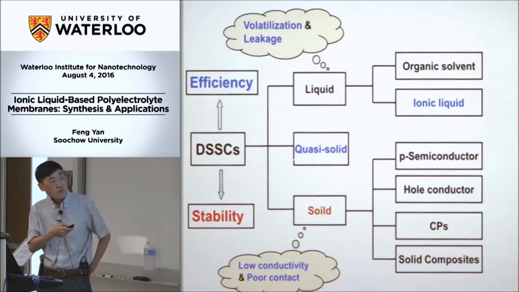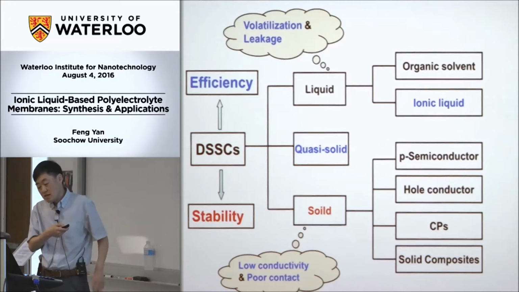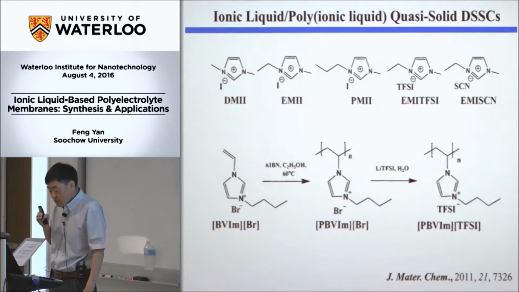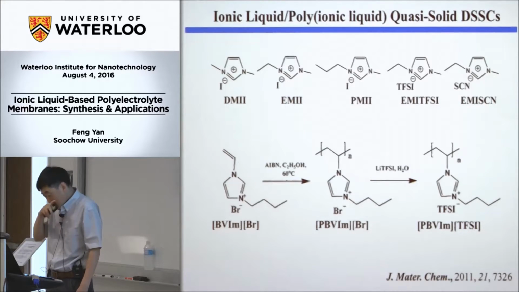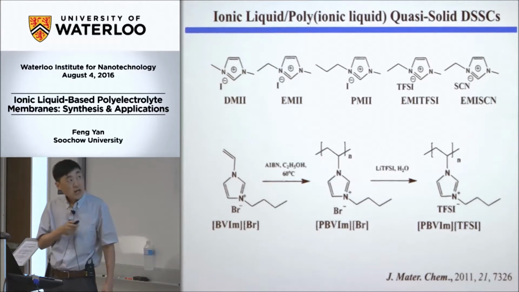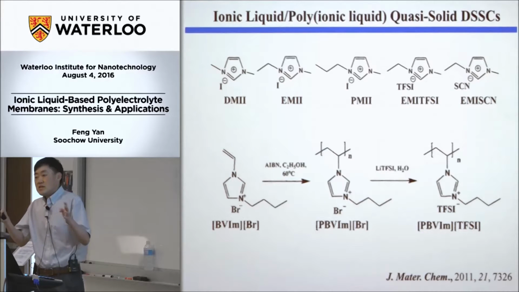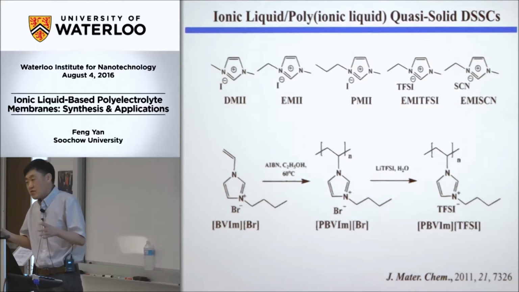So is it possible to use a semi-solid electrolyte? We did this work around 5 years ago. The first example in my group used the ionic liquid to dissolve the polyionic liquid to prepare the gel electrolytes. And in this system, you cannot find any organic solvent.